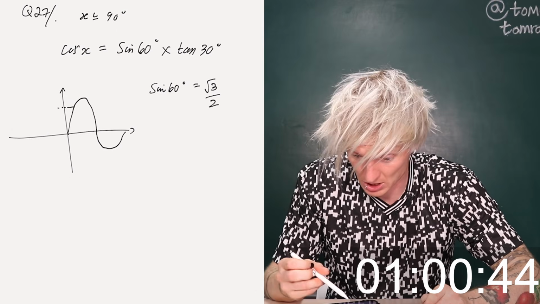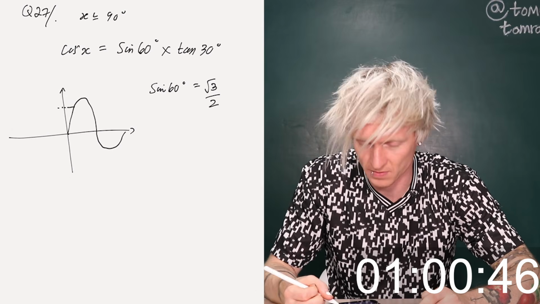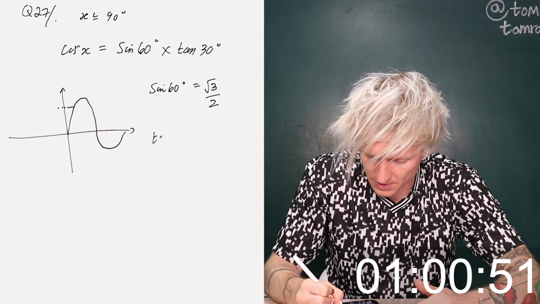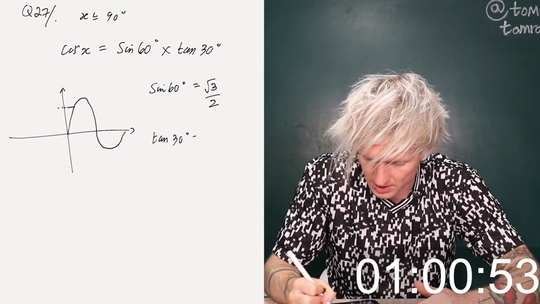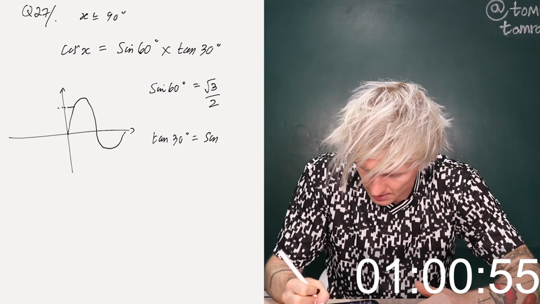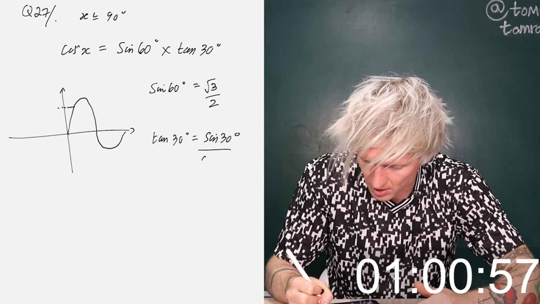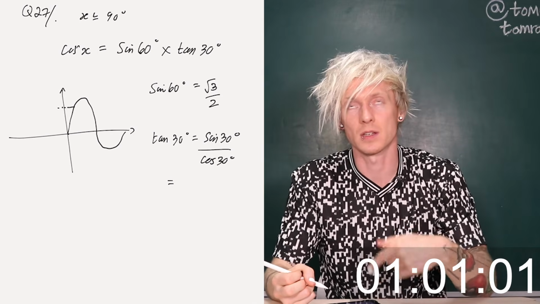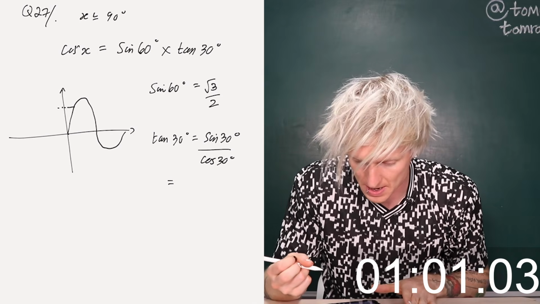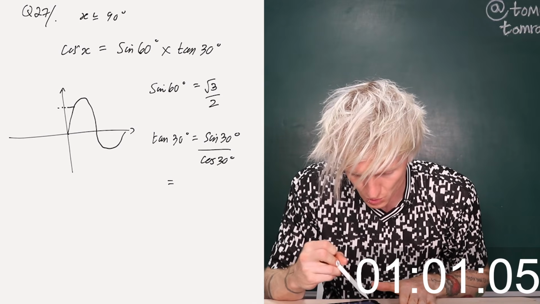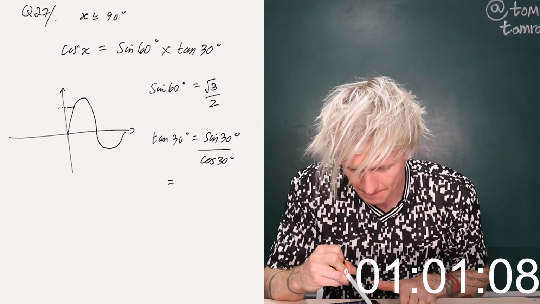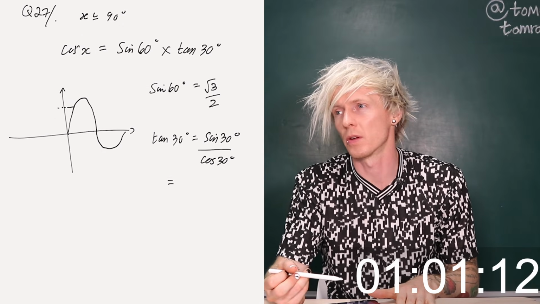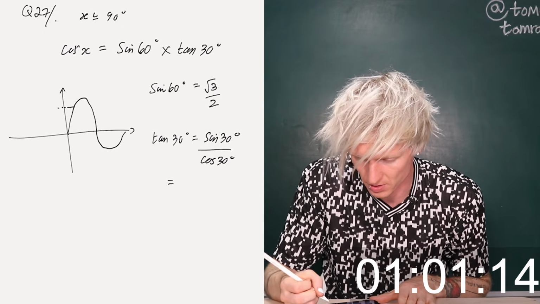Tan of 30. Okay, so to figure out tan of 30, I need to know tan of 30 degrees is going to be sine of 30 over cos of 30. So that's sine of 30, again, based on my graph. Is that 1 over root 2?